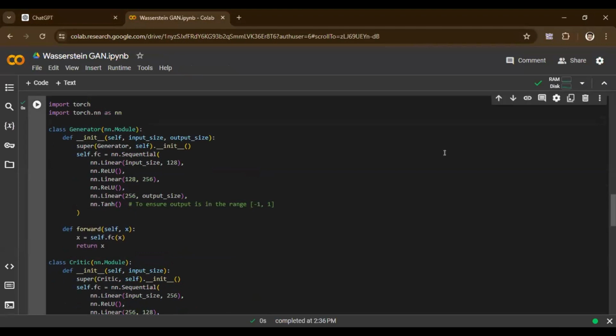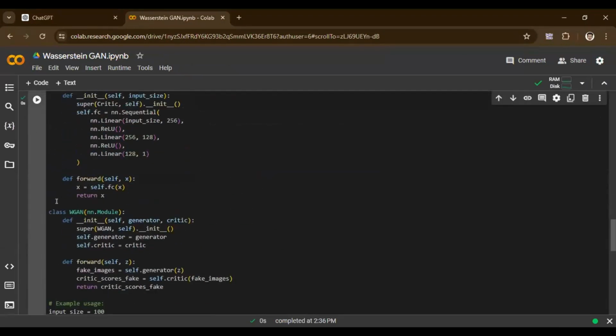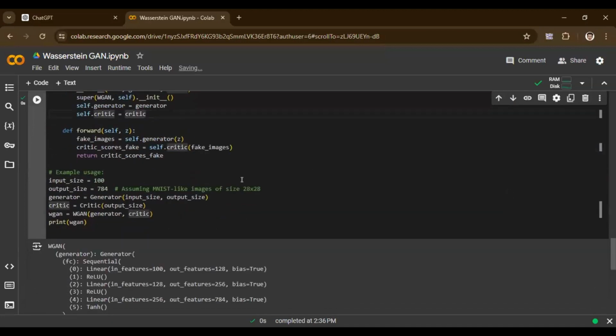This should be the whole WGAN model with the generator and the critic architecture. As you can see, this is the example usage, initiating the WGAN with the generator architecture as input, and also the critic architecture.